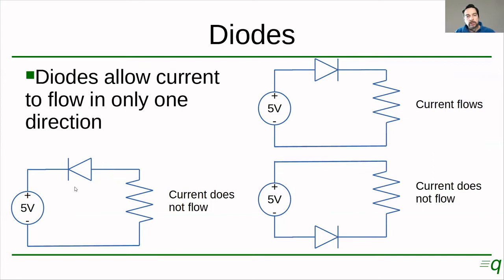Okay, so no current is flowing in this circuit, and the same on this one. No current is flowing in this circuit, right? So I start on the positive side, come through the resistor, and the current cannot flow anymore. So there's no way this circuit is being closed or completed. So current doesn't flow here either.